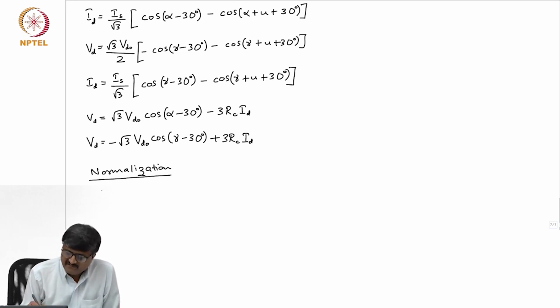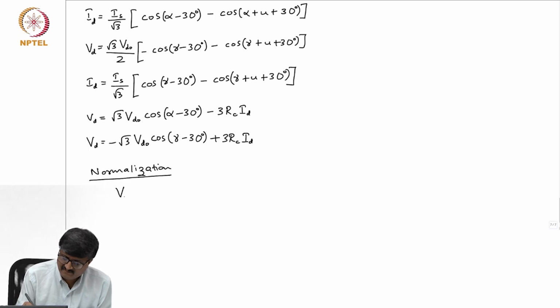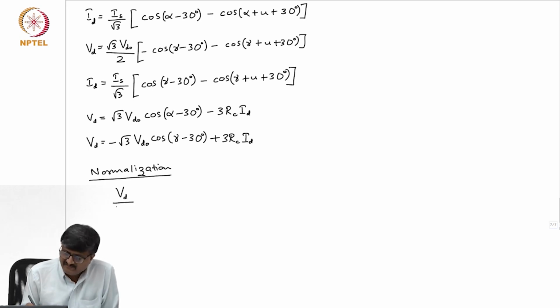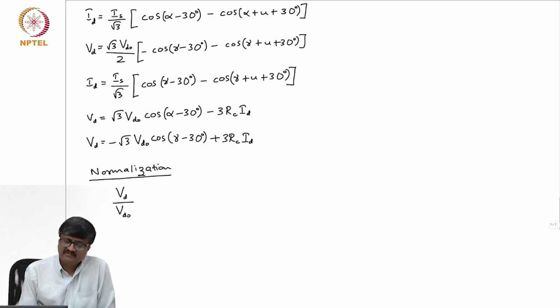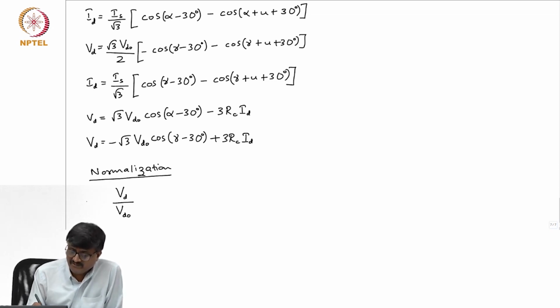So if I take the DC side voltage VD, the average value of the DC side voltage VD, we choose the base value as VDO. So I normalize the DC side voltage by dividing it by VDO to get what is known as the VD in per unit.